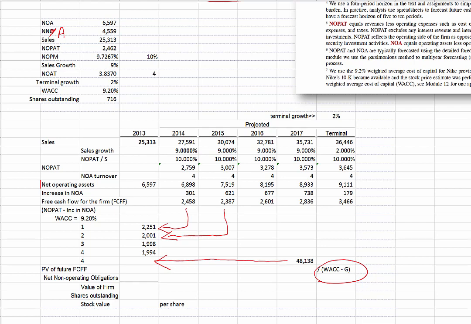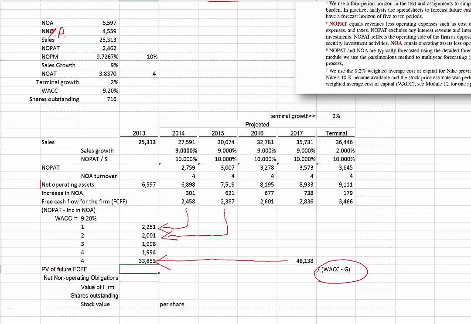So let's do that right there. Let's say equals 48,133 divided by 1 plus the interest rate. And I want to do that 4 times, so raised to the fourth power. And that gives me 33,853.